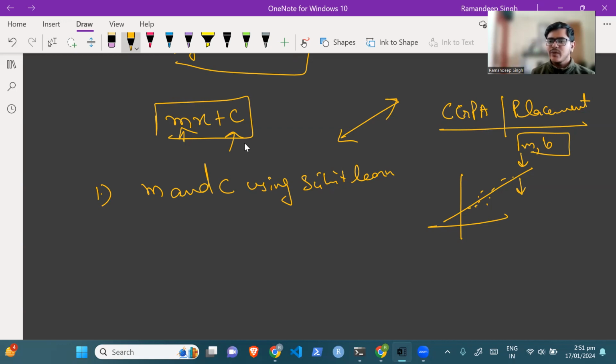And next, we will build the algorithm behind the scikit-learn library ourselves from scratch.